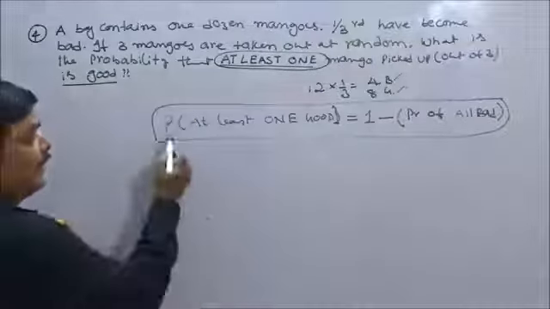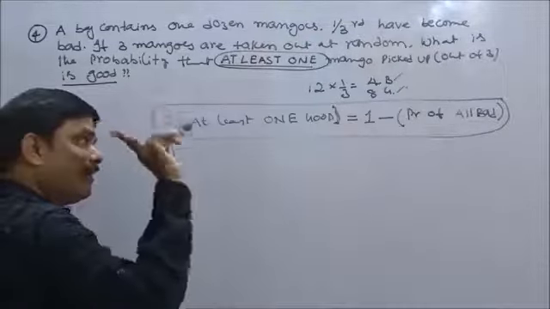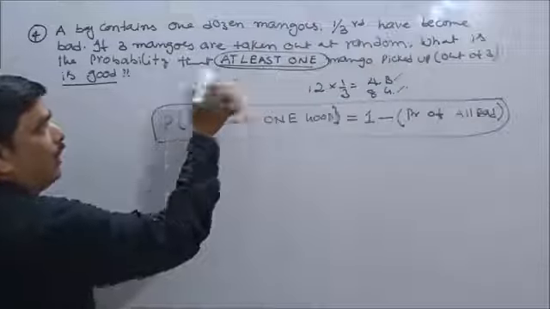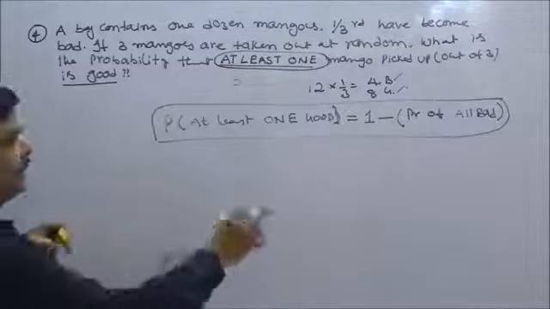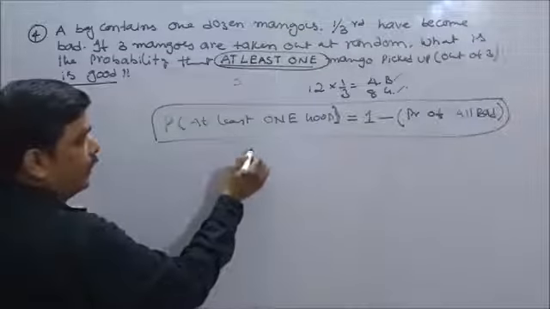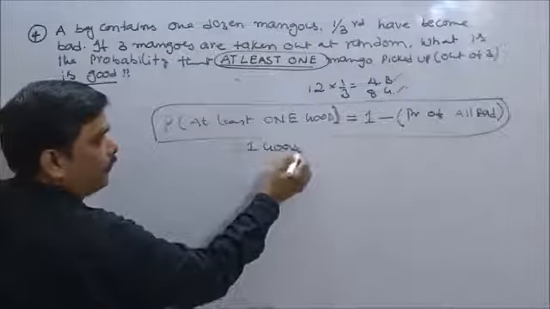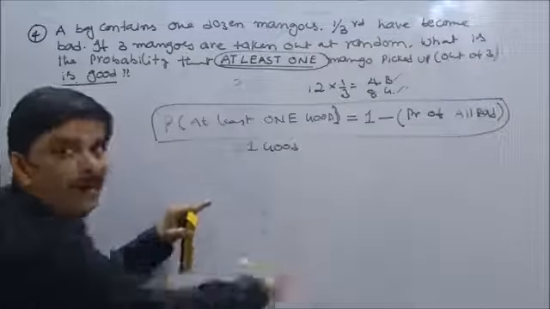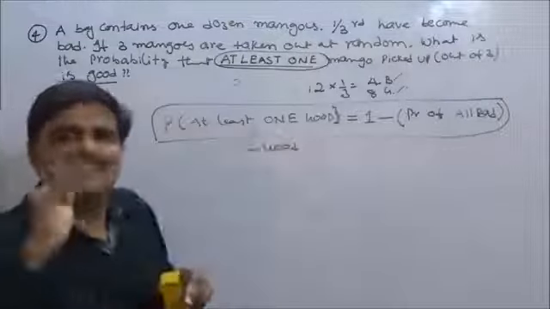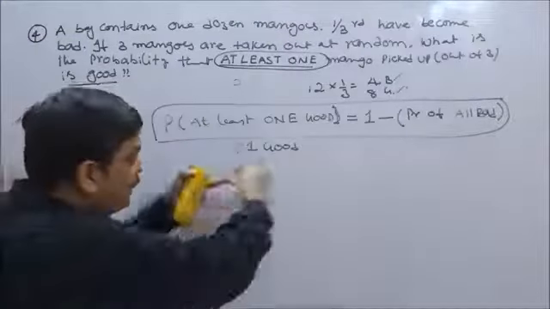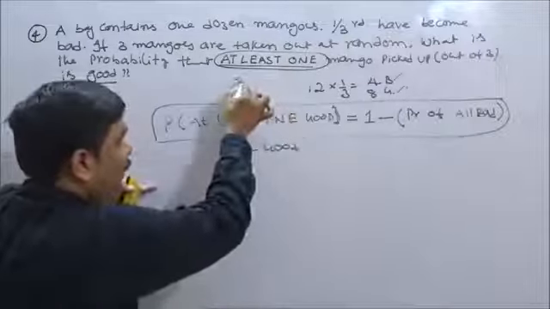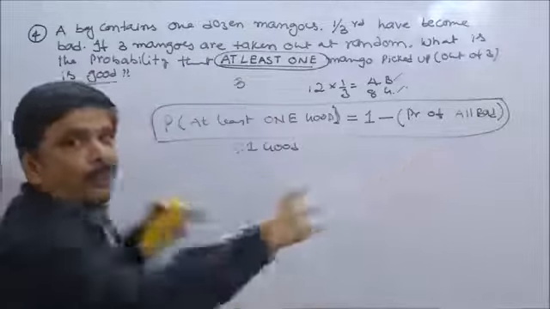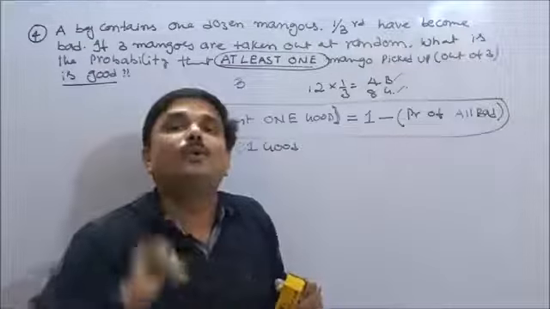See students, at least one good out of 3 means, as we have discussed, greater than or equal to one good, which means one or more than one good. But before going for this, when you have picked up 3, what are the possibilities as far as good is concerned?